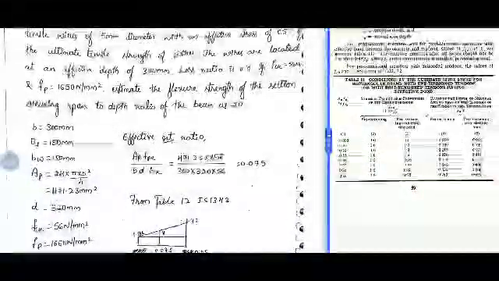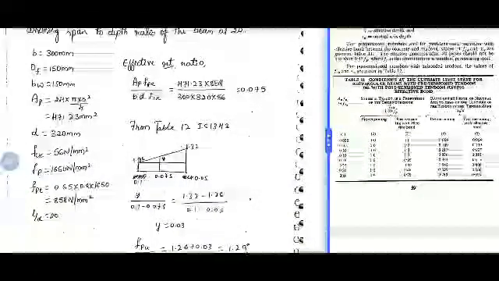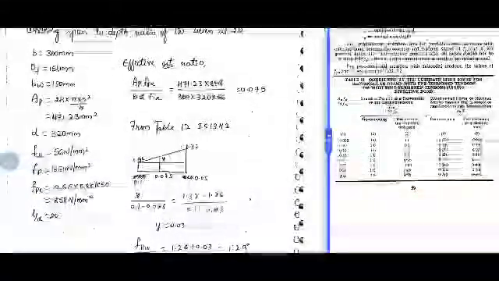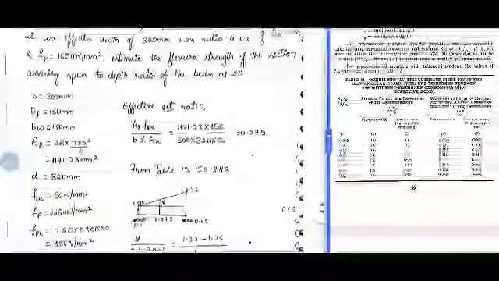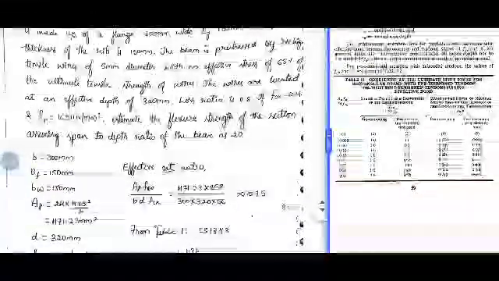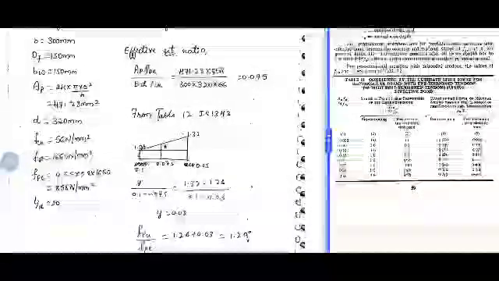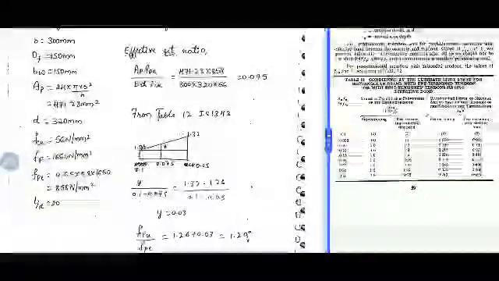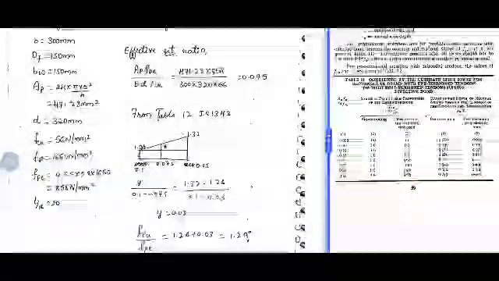AP FPE by BD FCK. So FPE, the effective stress, is not given, we need to find it out. In the question he has mentioned an effective stress of 65% of the ultimate tensile strength of the wires. So the ultimate tensile strength is 1650 and the effective stress is 0.65, and again the loss ratio is also given.